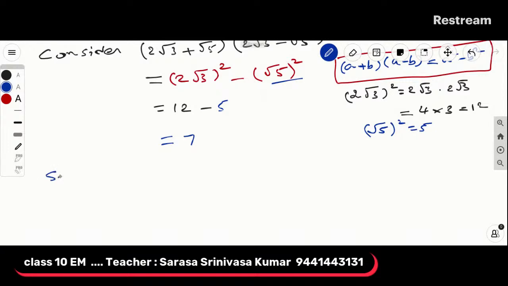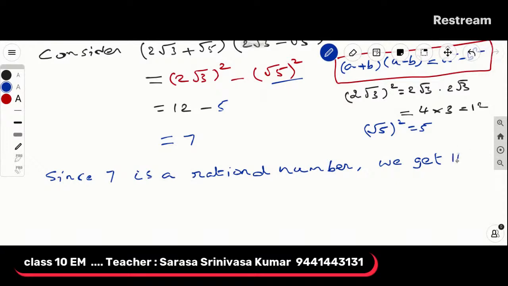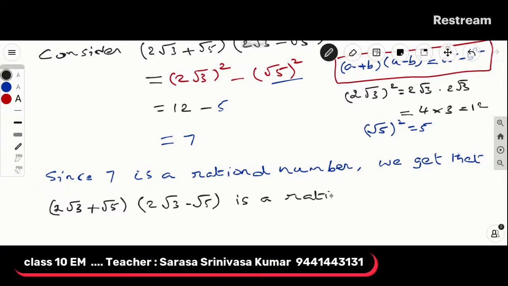Since 7 is a rational number, we get that (2 square root of 3 plus square root of 5) multiplied by (2 square root of 3 minus square root of 5) is a rational number.